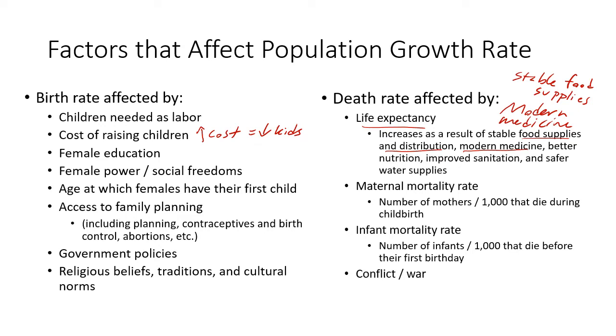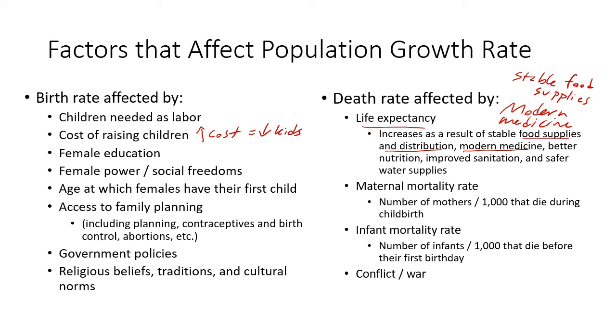and maternal mortality rate was relatively high throughout all cultures before modern medicine. Infant mortality rate also very high before modern medicine. Children can starve. Children can die of sudden infant death syndrome. Children are very susceptible to disease. Well, not most.